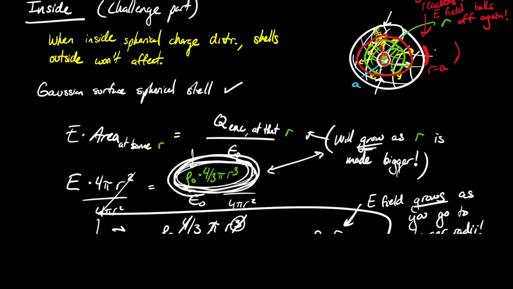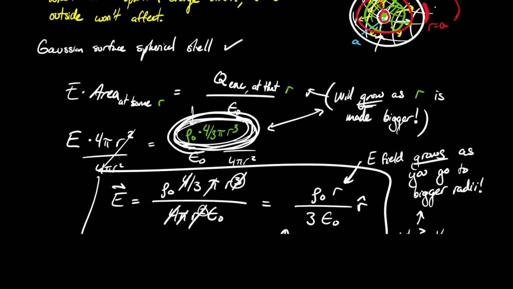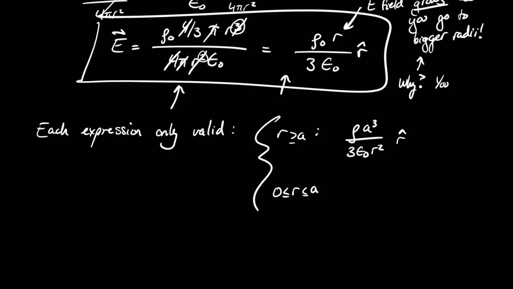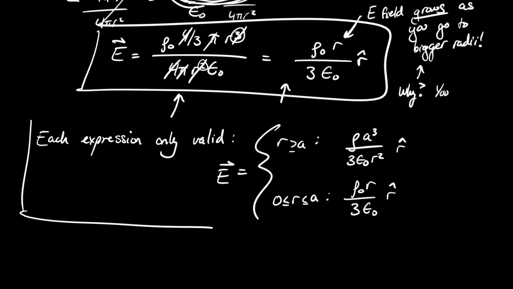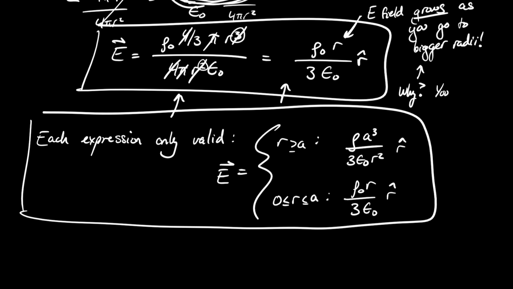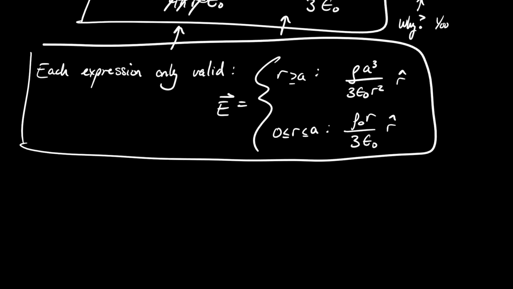So we had to consider the two cases separately and divide them artificially at this boundary. Okay, so this would be a full 100% test question and answer. And again, this problem appears all the time on tests.